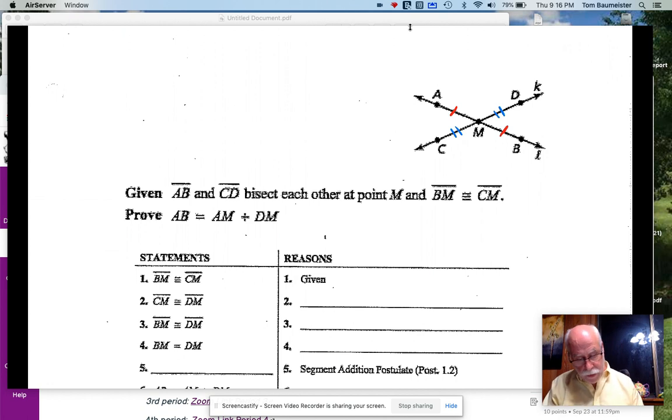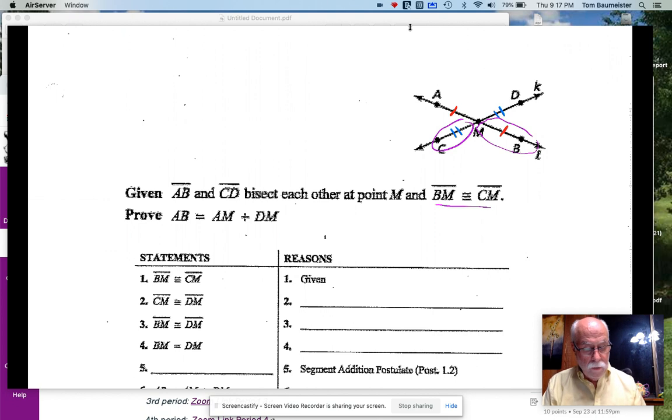And they're kind of telling us, and so I'm just going to circle these ones for you. They're telling us that BM on this one right here, BM is equal to CM. So they're actually telling us that this one here and this one here are actually equal to each other. I just didn't want to mark them with a tick mark because we already have them and we're going to have to use that. Okay.